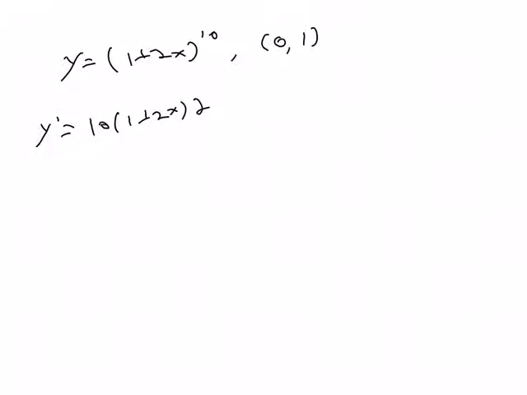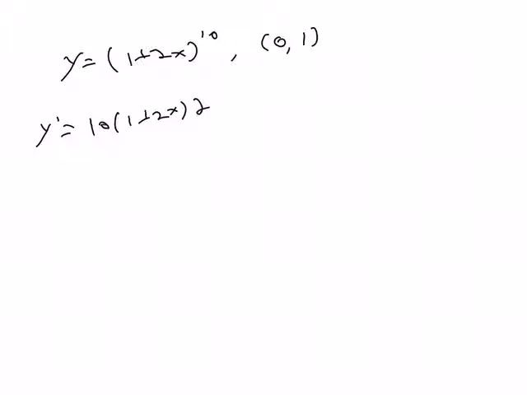a given point. The curve is given in form of y equals 1 plus 2x to the 10th power. And we're trying to find the equation at 0, 1. So y prime, the slope is going to be 10, 1 plus 2x times 2.